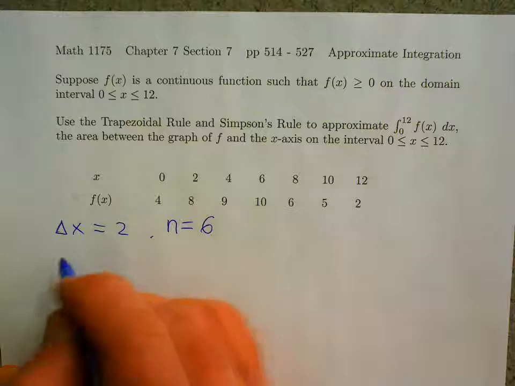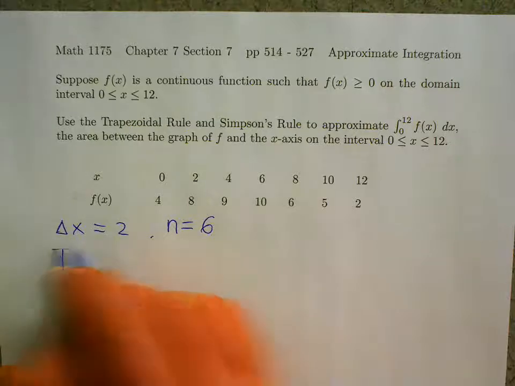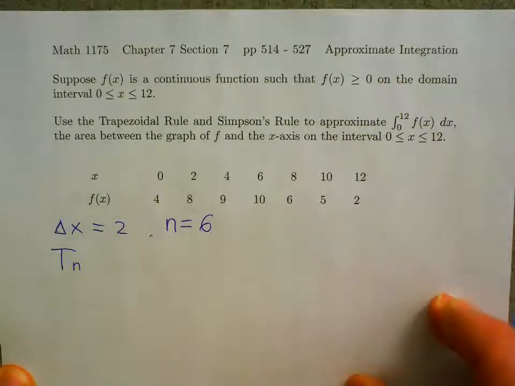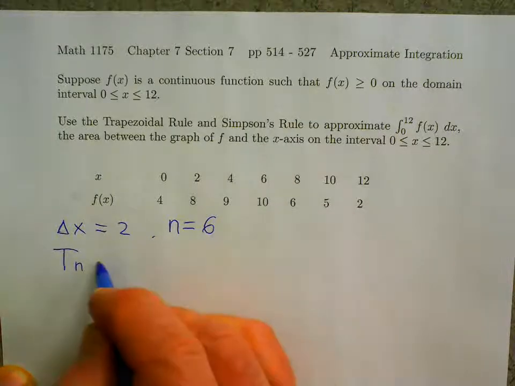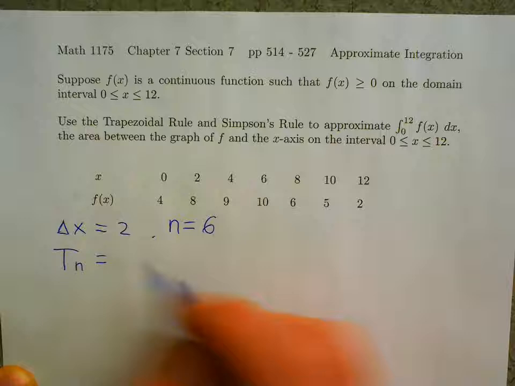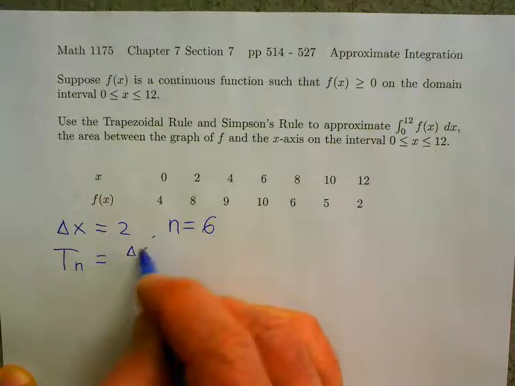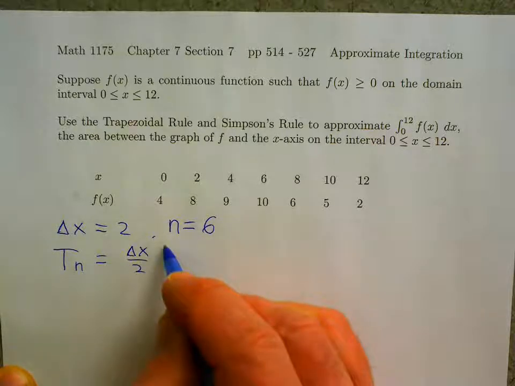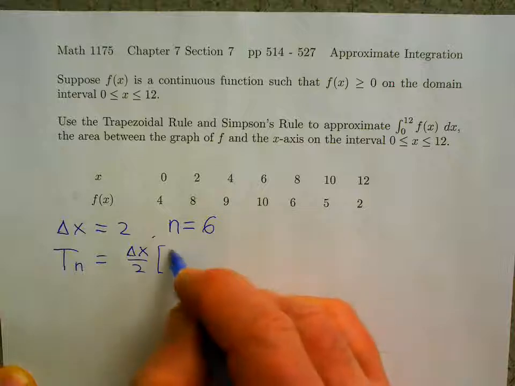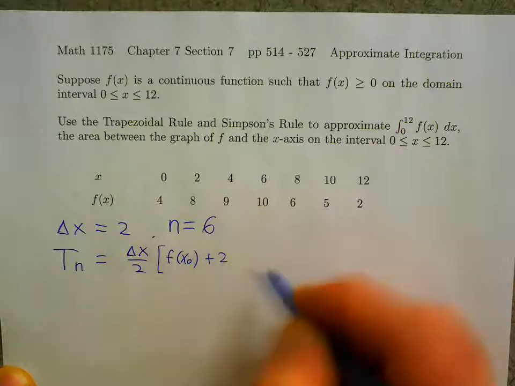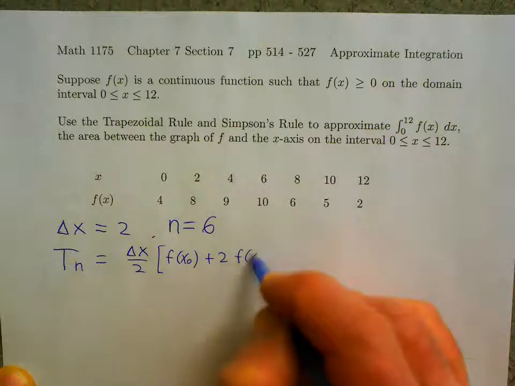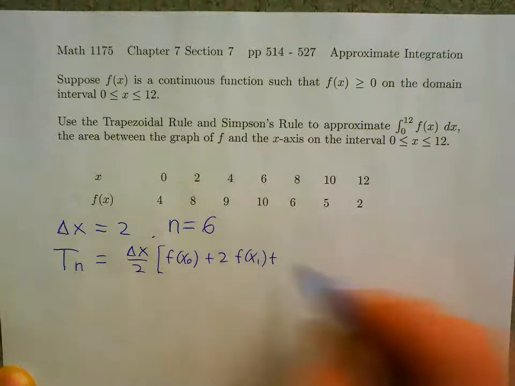So let's just write the general formula for the trapezoidal rule on n subintervals. So it's delta x over 2 times f of x of 0 plus 2 times f of x of 1, and so on.